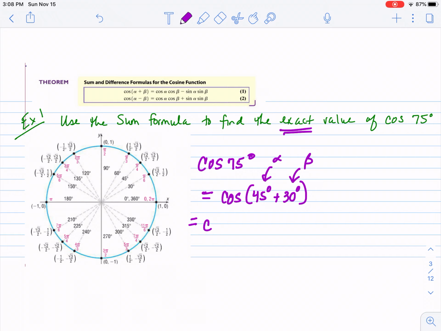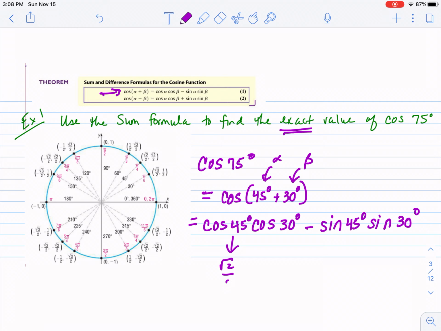I'm using this first formula right here, guys, so it's the cosine of 45 degrees times the cosine of 30 degrees minus the sine of 45 degrees times the sine of 30 degrees. If I do this out, the cosine of 45 degrees is rad 2 over 2.